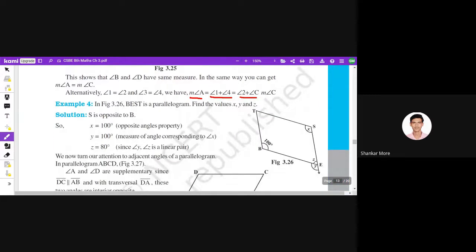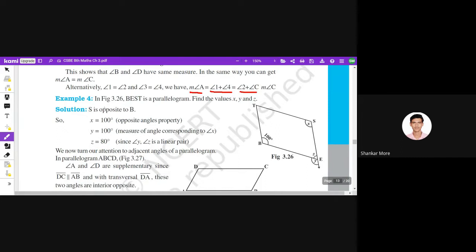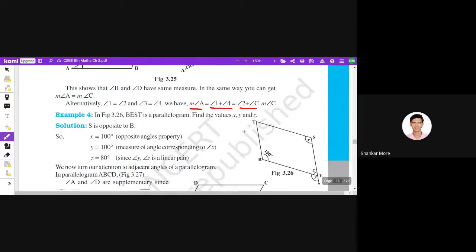So again we will solve a question based on this. In the figure BEST, this is a parallelogram and we have to find the value of x, y and z. So देखिए यहाँ पे हमें सिर्फ B की वैल्यू दी है, so it is 100 degree Celsius, right?